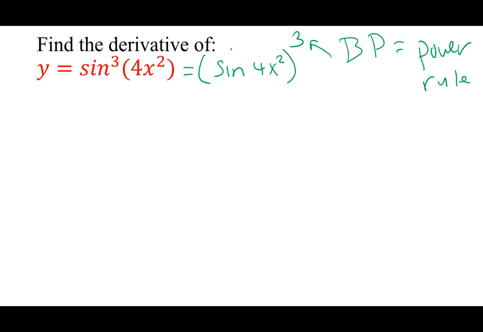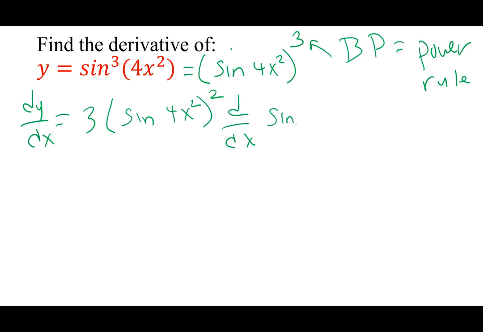That's the opposite of what you did in the previous problem. So dy/dx is equal to, bring down your 3, take the entire quantity, sine of 4x squared, to the 1 less power. Then take the derivative d/dx of the inside, which would be the sine of 4x squared.